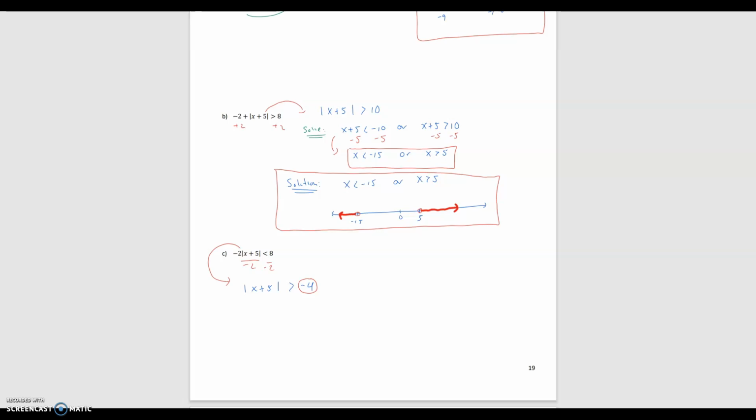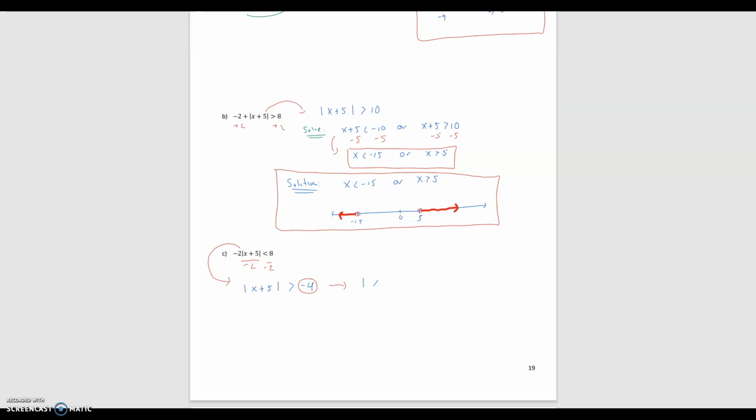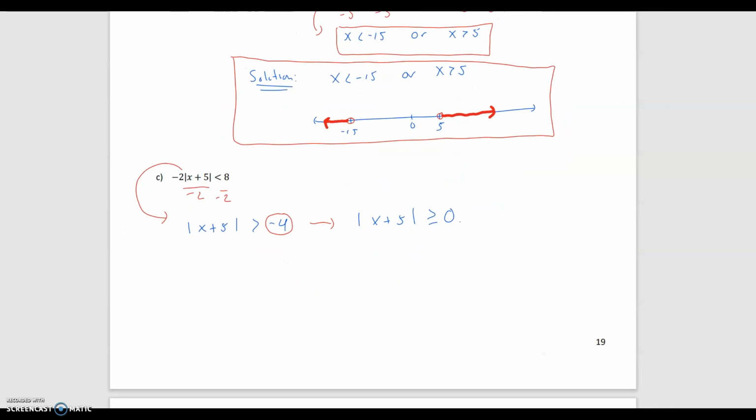When we're looking at inequalities, any distance will always be greater than a negative value. So this inequality is equivalent to rewriting it as absolute value of x plus 5 is greater than or equal to 0. Meaning any number is going to satisfy the statement because the minimum that this can be is 0. You cannot have a distance that is less than 0. It's always going to be greater than or equal to 0.